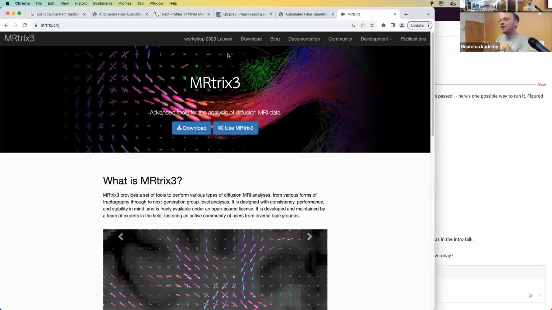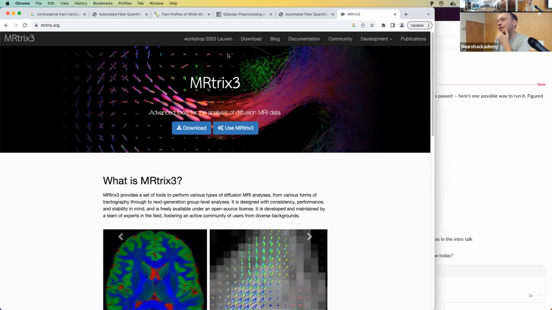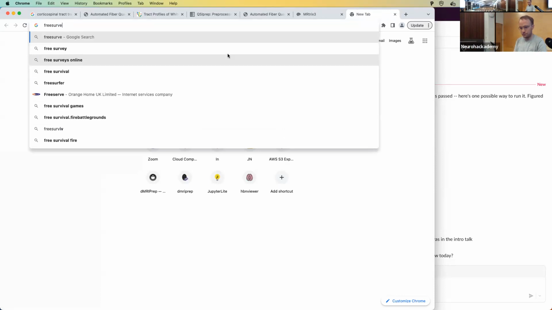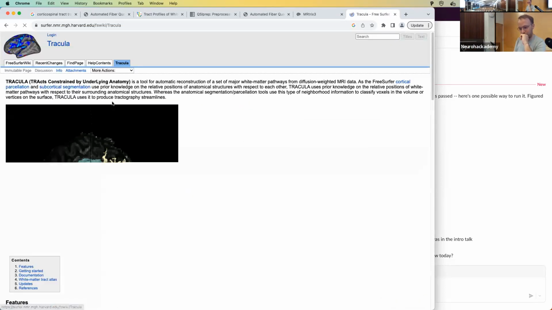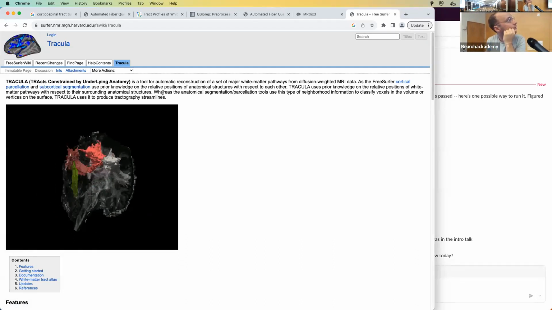And are there any other major software things that we should reference if people want to use them? I guess in FreeSurfer, there's tracking. Yeah, FreeSurfer. This is another one.